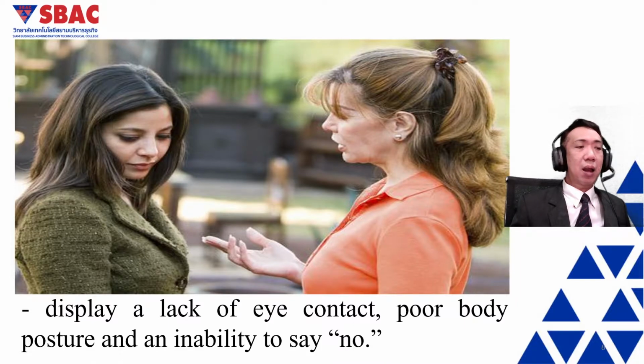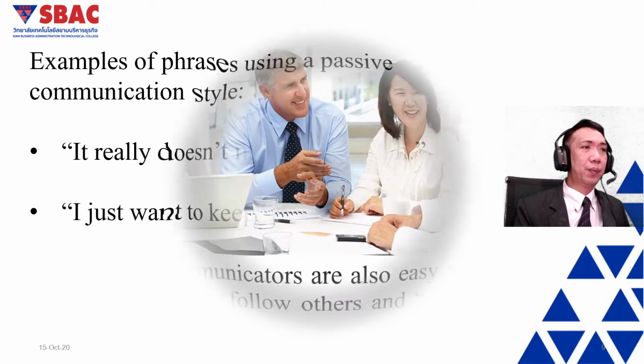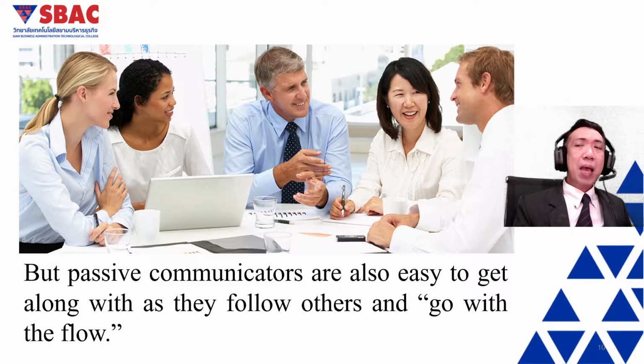They display a lack of eye contact, poor body posture, and the inability to say no. Examples of phrases using a passive communication style are "it really doesn't matter that much," or "I just want to keep the peace." But passive communicators are also easy to get along with, as they follow others and go with the flow.